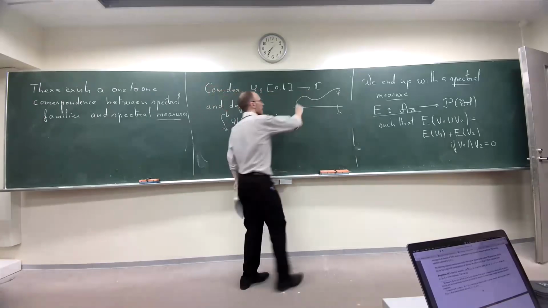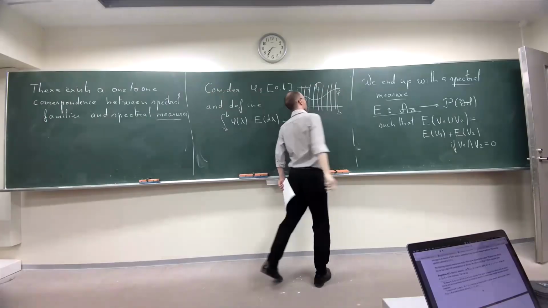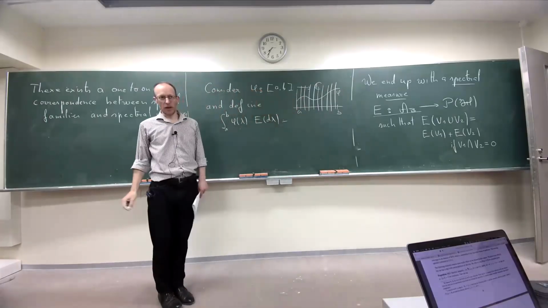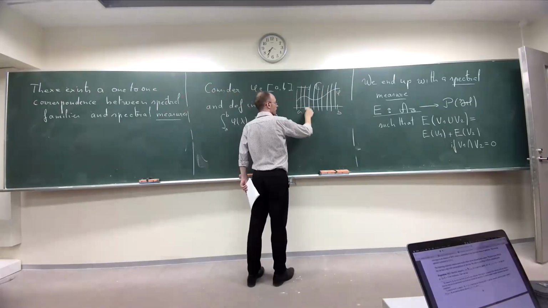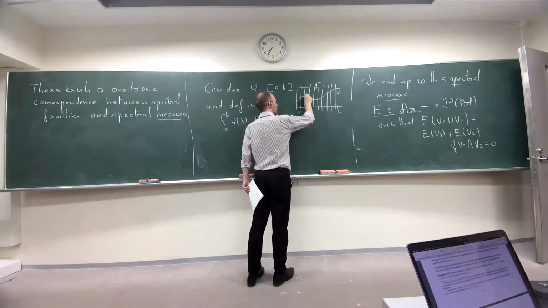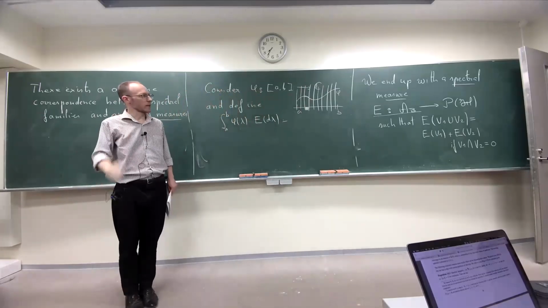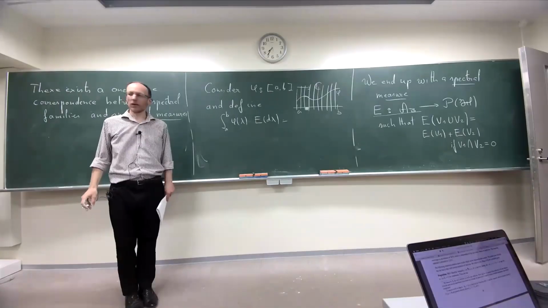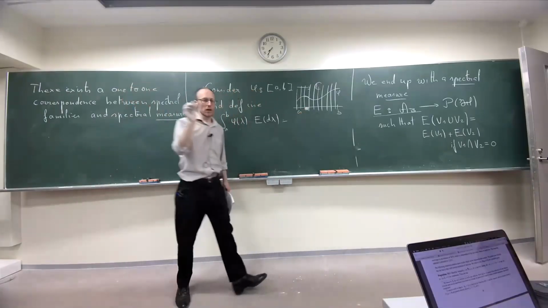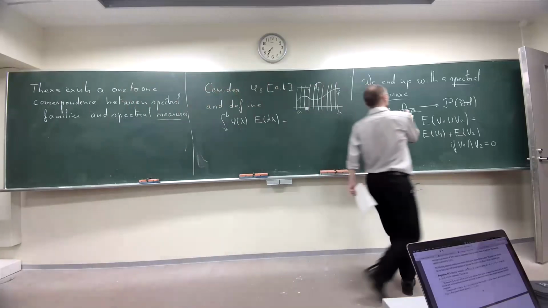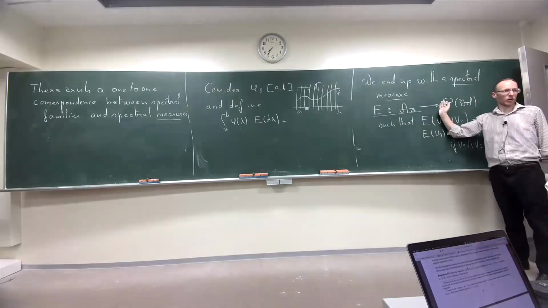And indeed, I can subdivide. Now, each of these intervals, I can pick the value of phi at one point. If I make it small enough, it will not make a big difference. Times the projection corresponding to this interval.